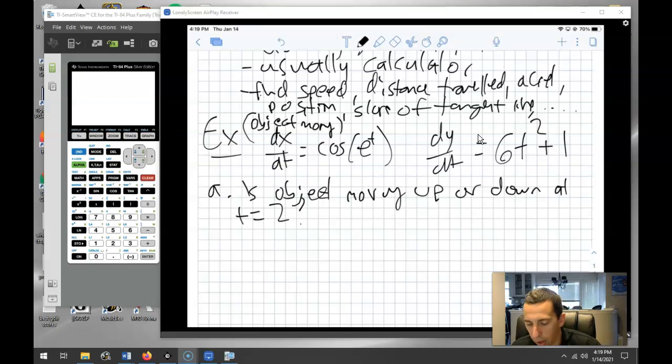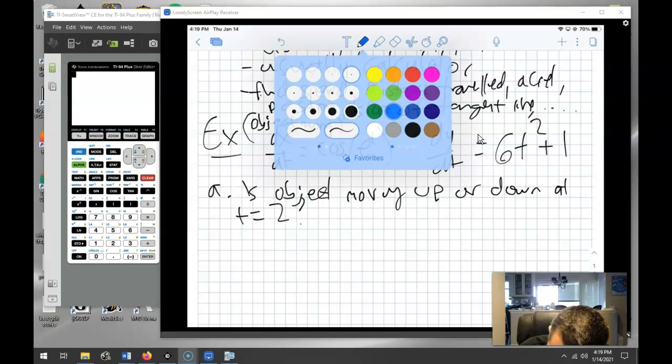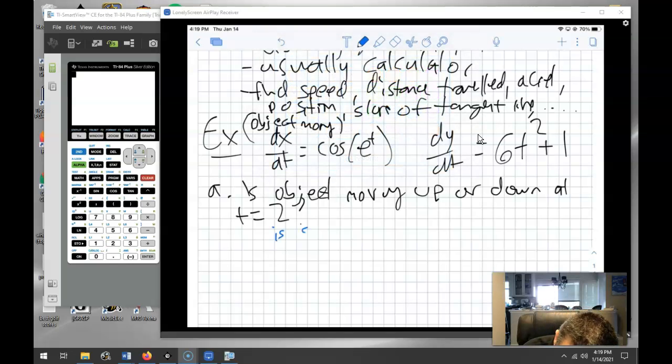Okay, well, how do we find if it's moving up or down? Well, if it's moving up or down, that has to do with a vertical movement, so that would be in terms of y. So what this question is basically asking is, is dy/dt positive or negative? So, okay, first off, let's find dy/dt, right?